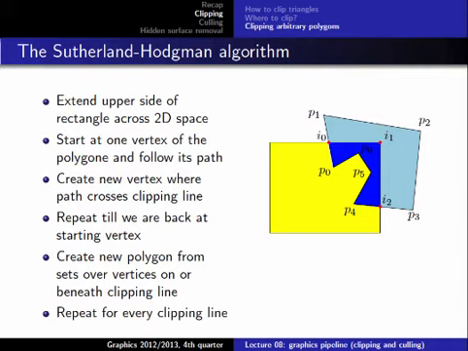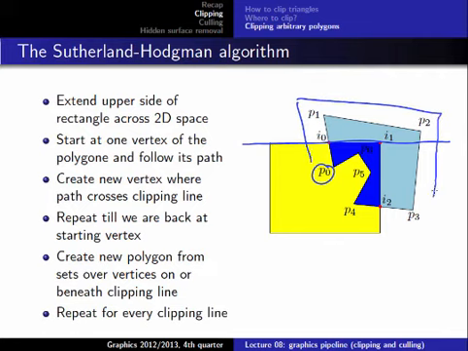First of all, we extend the upper side of our rectangle, or the first side of our clipping region that we start with. Then we start on one vertex of the polygon and follow its path. For example, we start at P0 and follow the path, repeating till we're back at the vertex P0 where we started.